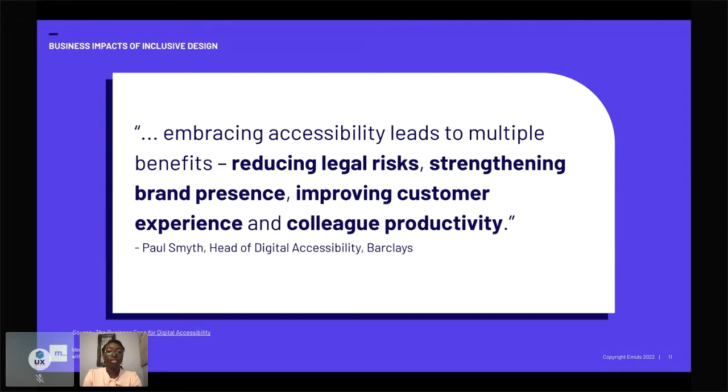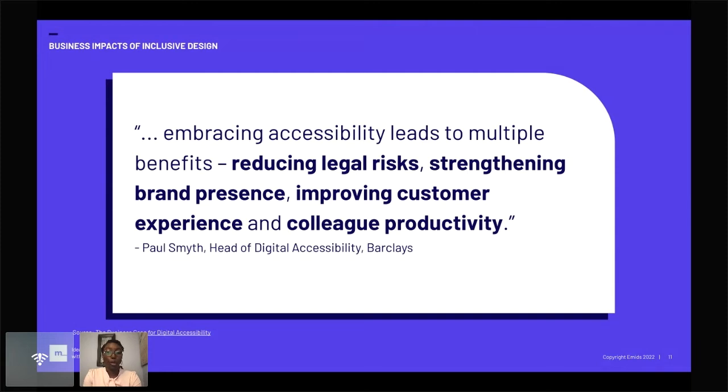One, reduces legal risk. Two, strengthens brand presence, improves customer experience and colleague productivity. And I couldn't agree more. I will use certain statistical data to further buttress this point.